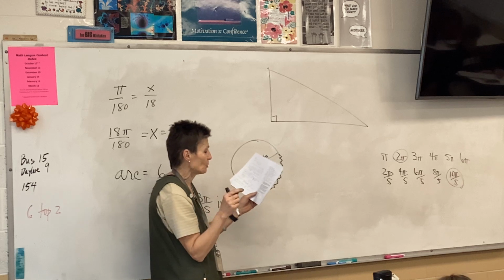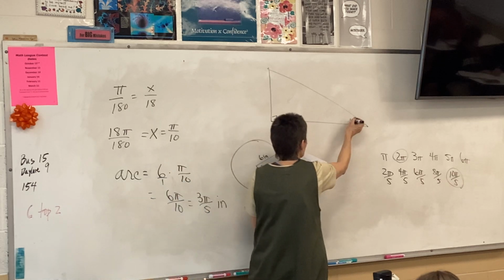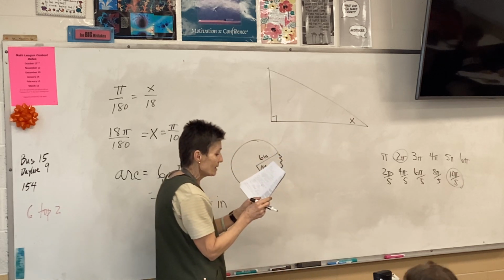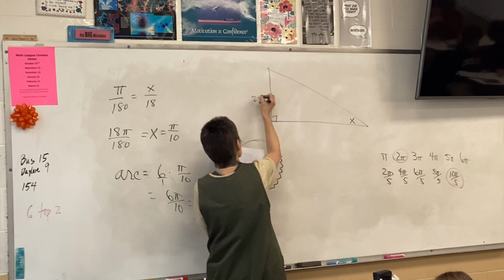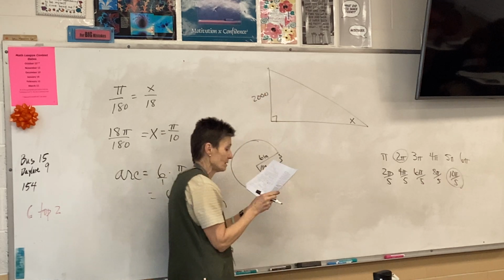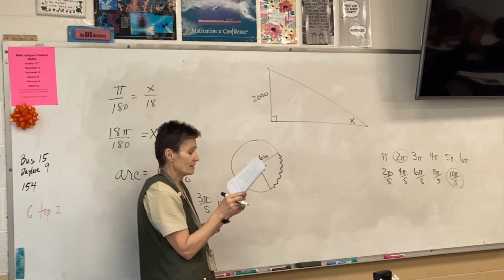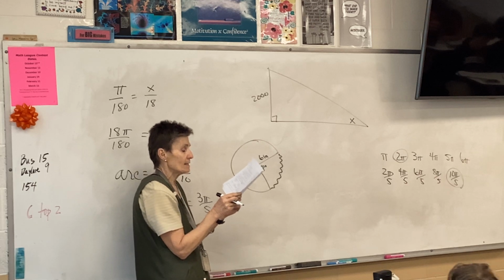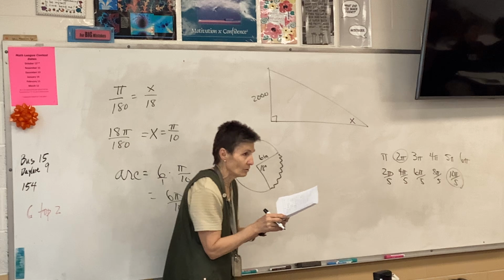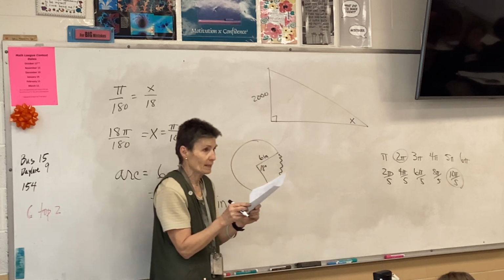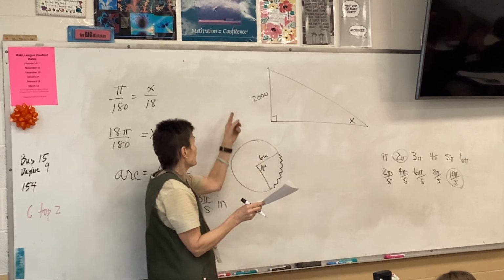Okay. The issue is, first of all, we're finding the angle. The airplane is 2,000 feet above the ground, and the airport is 2 miles from the airplane. So this is feet.